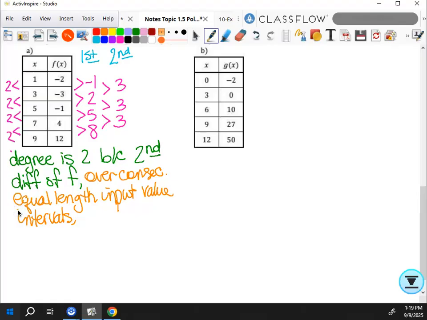Okay. So the second differences of f over consecutive equal length input value intervals are constant.